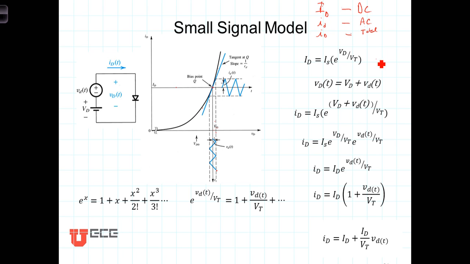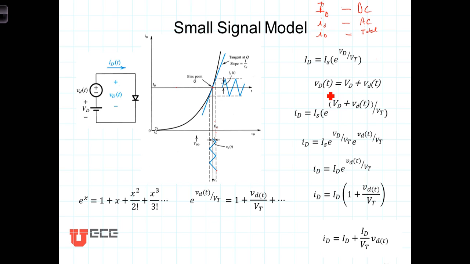So starting with the diode equation, where the voltage across the diode is just the DC component. And now let's add in this time varying component, so that the total voltage across the diode, lowercase v, uppercase D, now a function of time, will equal the DC component, just our bias voltage, plus this small signal time varying component, lowercase v, lowercase d, as a function of time.